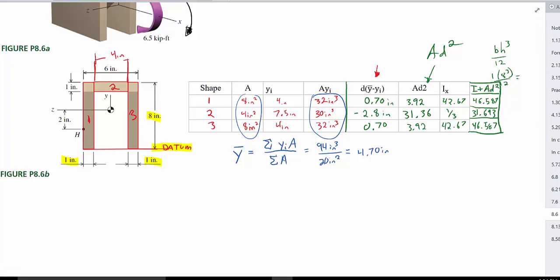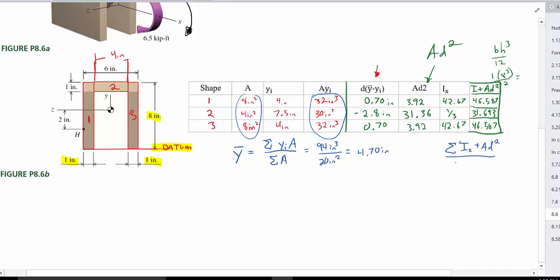And what we'll do now is sum all of these I sub x values plus our AD squares to get our total moment of inertia about the z-axis.